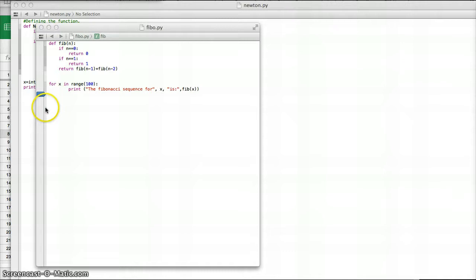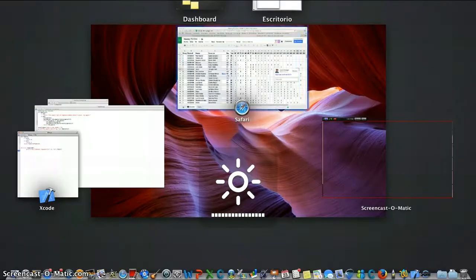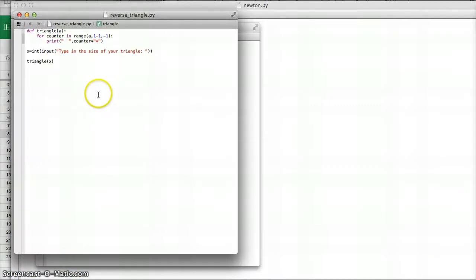Regarding for, we have a given triangle, and the user gives the size of the triangle. What we want to do is print the triangle from its base to the tip of it. As we are given a range, we know that the range will go from 1 to the number that the user puts.